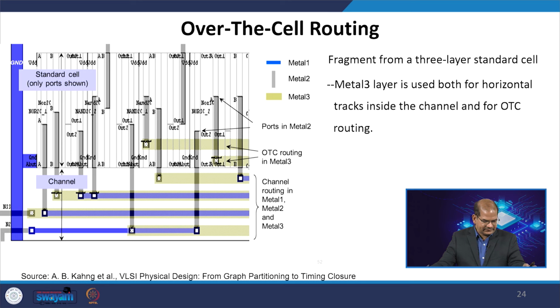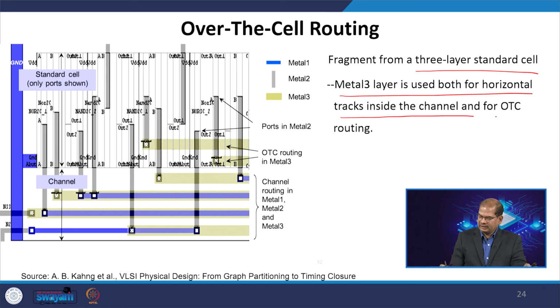So, if you can see here, you have basically 3 layer standard cells. The metal 3 layer is used both for horizontal and vertical tracks inside the channel for the over the cell routing. If you can see, this piece of metal is metal 3. Okay. So, this is called over the cell routing with metal 3, and inside the standard cell you have metal 2.